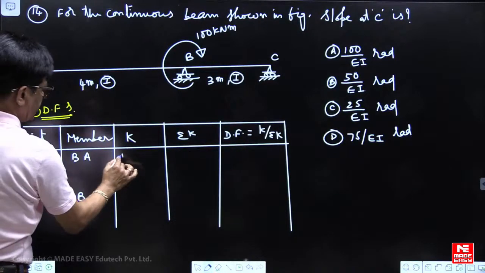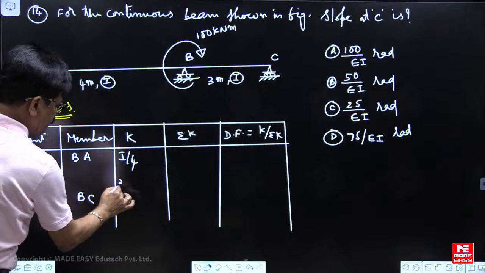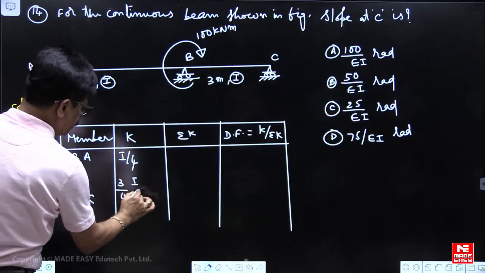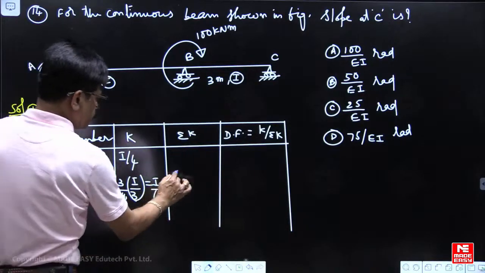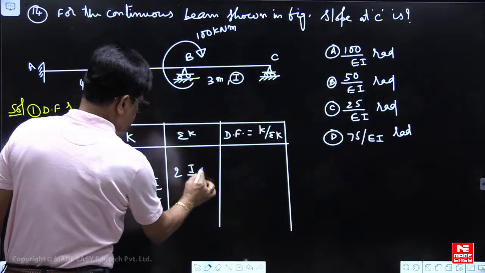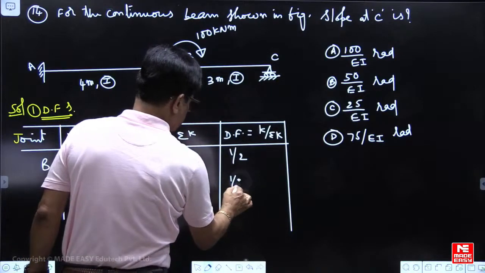Standing at B, look at A. This is I by 4. Standing at B, look at C. Far end is hinge. So 3 by 4, I by 3, which is I by 4. So 2I by 4. So 1 by 2, 1 by 2.